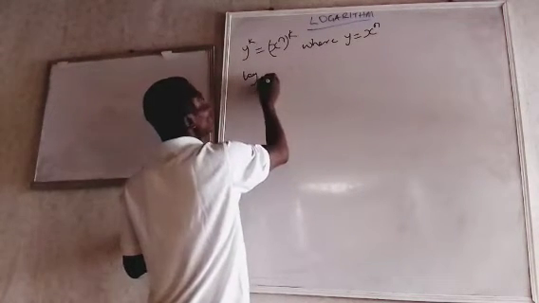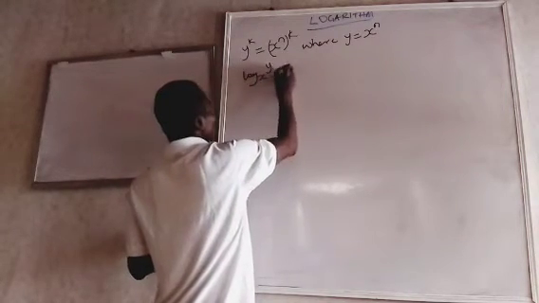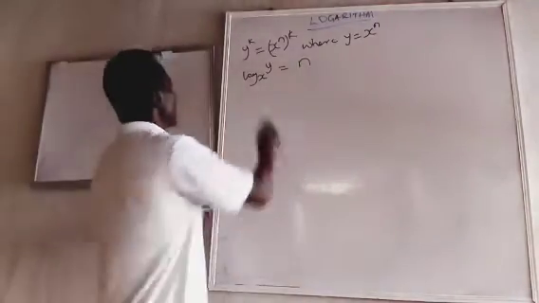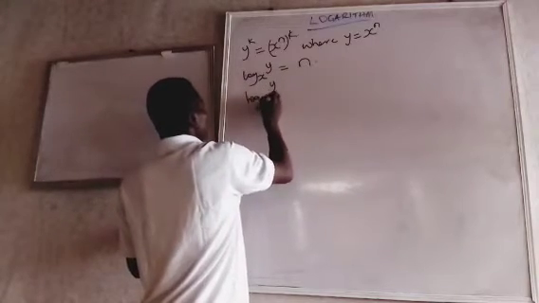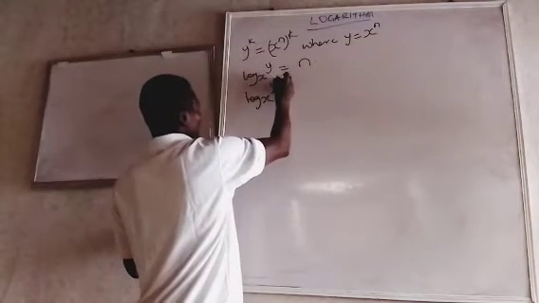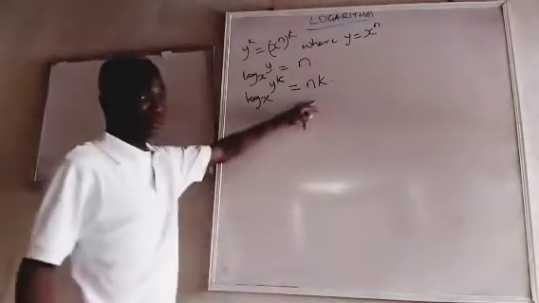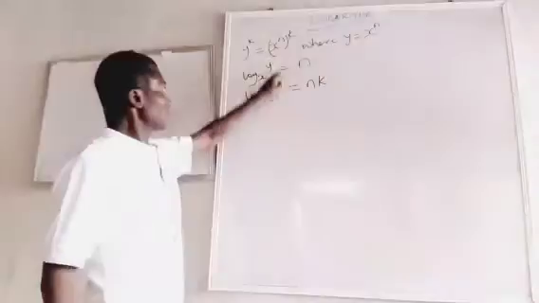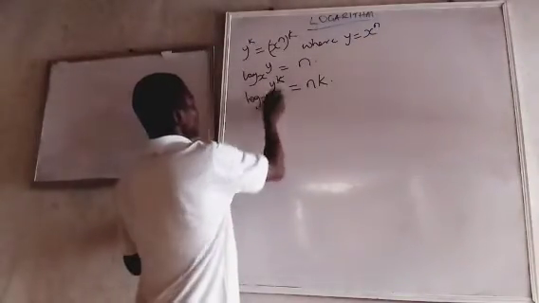Log y to the base x is equal to n. You can see that now. It is equal to nk because of this.